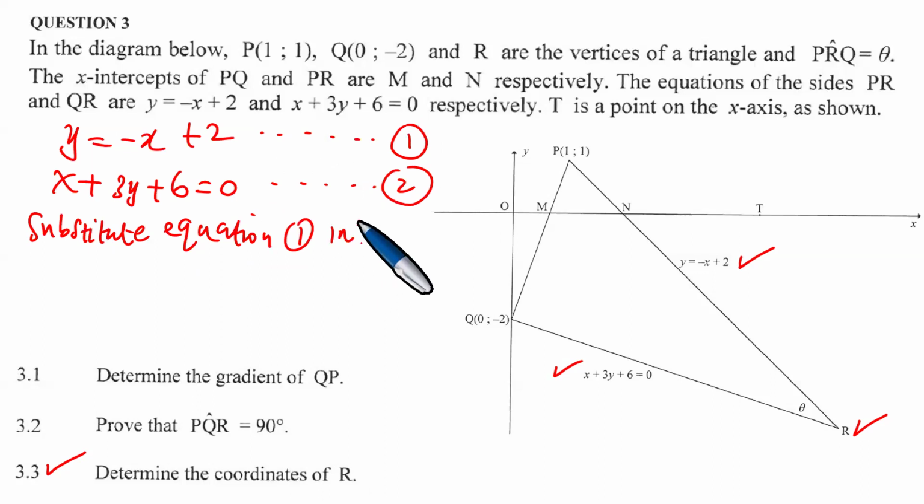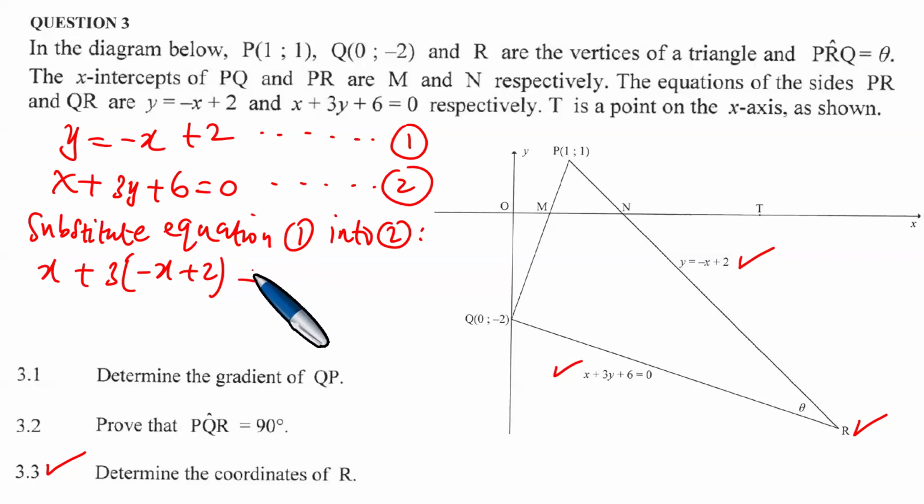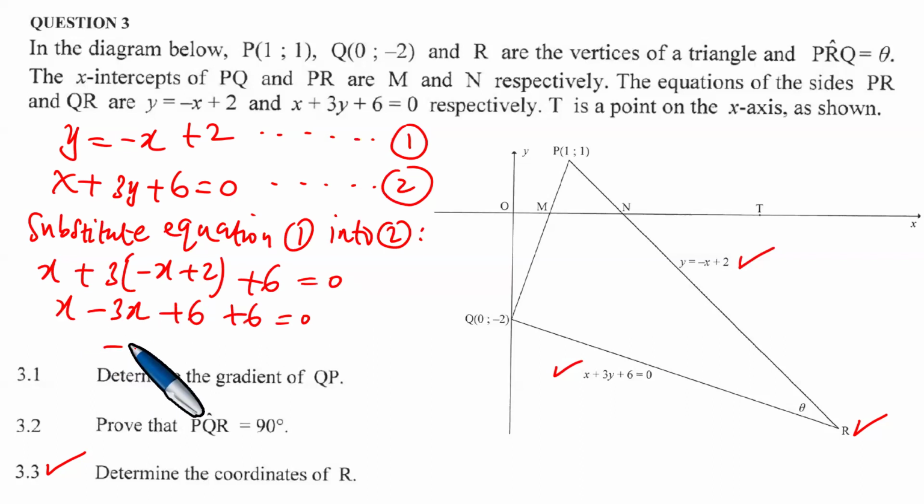If we substitute equation 1 into equation 2, we have x plus 3 times (what is y? It's minus x plus 2), plus 6 equals 0. So x minus 3x gives us minus 2x. Now, 6 plus 6 gives us 12.